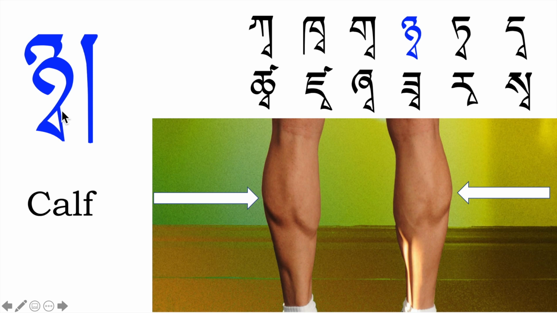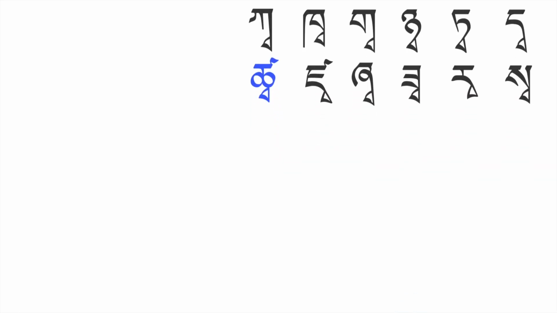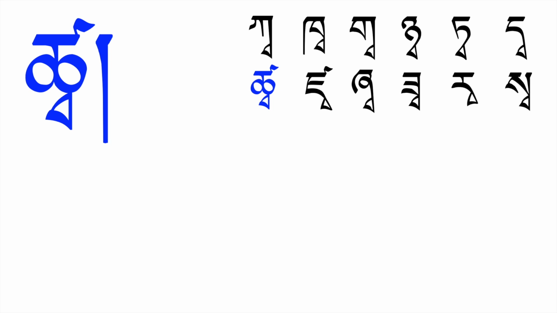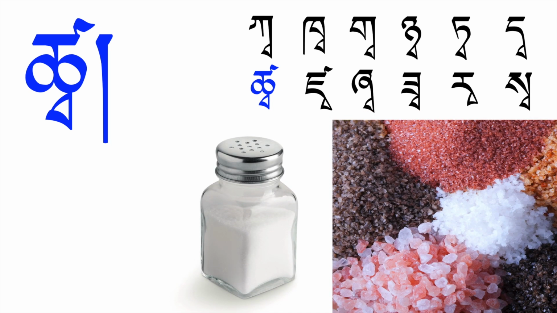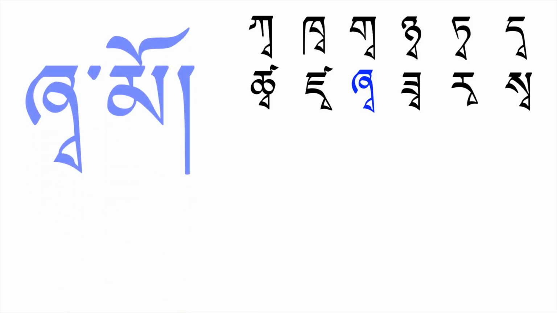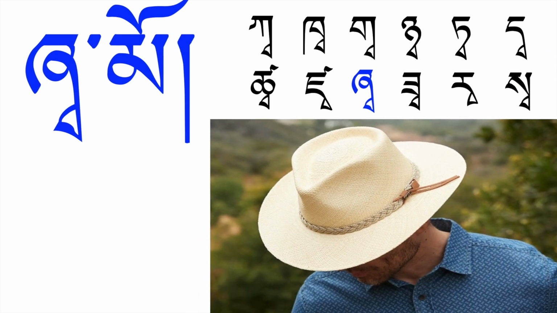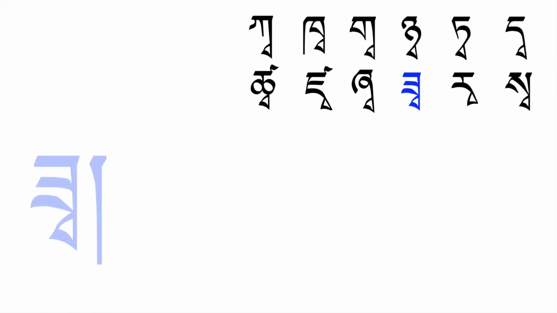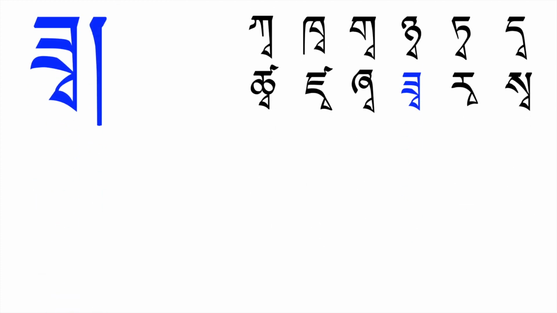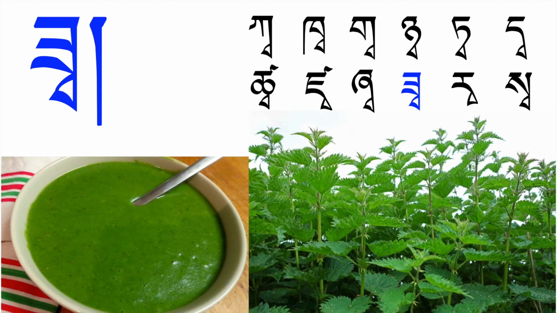So if we put the Wassur, it refers to a calf. Cha Wassur cha: cha means salt. Sha Wassur sha, Shamo: Shamo means head. Sa Wassur sa: sa means nettle.